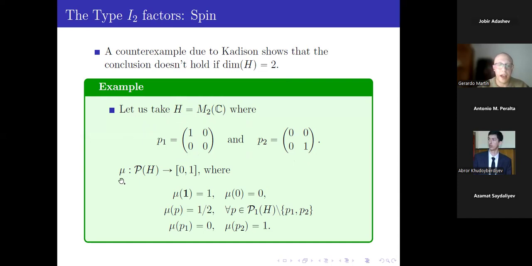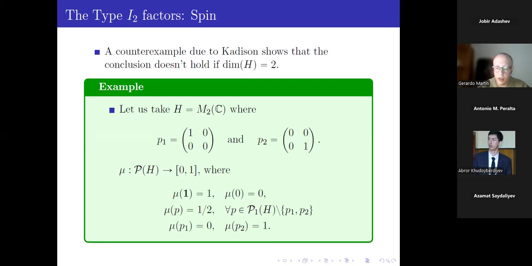Now, we define the map mu from the lattice of this space into the interval [0,1], where mu of the identity is equal to 1, mu of 0 is equal to 0, mu of P is equal to 1/2 for every P which is not P_1 or P_2, and we consider that the image of P_1 is 0 and the image of P_2 is equal to 1.